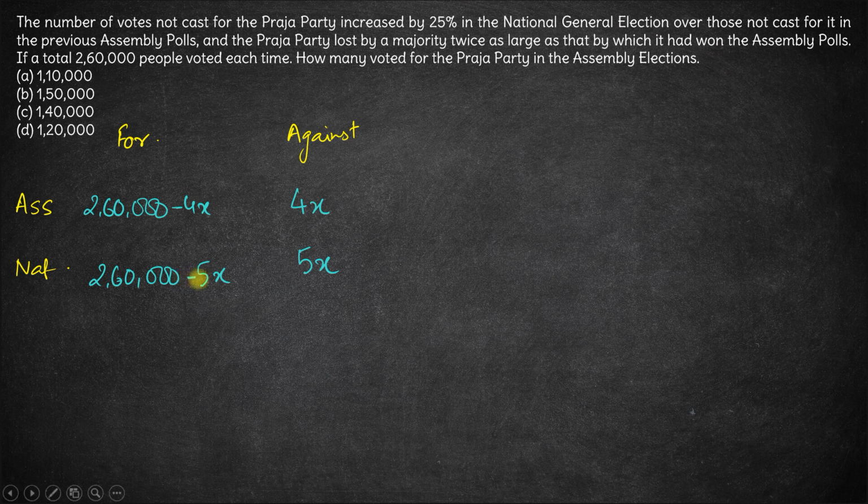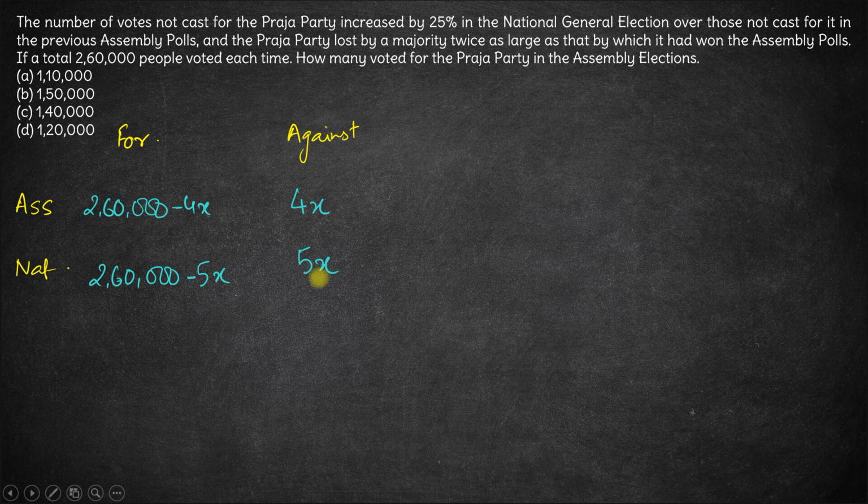Right? Now let's look at this part here. The Praja Party in the national general election, because the votes against it increased by 25%, lost by a majority. So Praja Party loses the national general elections by a majority. Now what do you mean by it loses by a majority or wins by a majority?